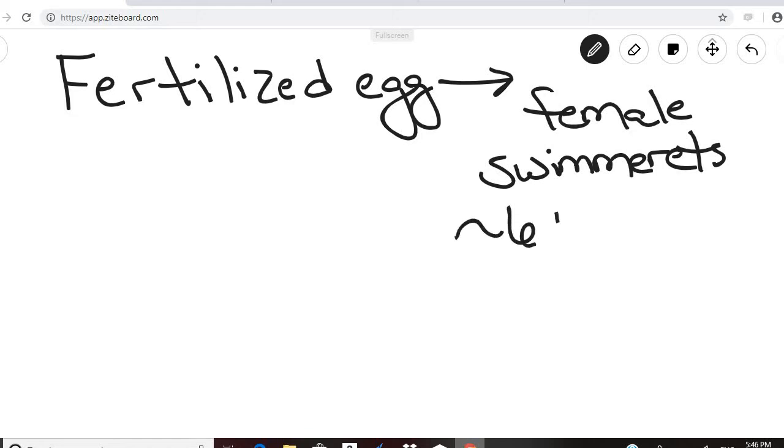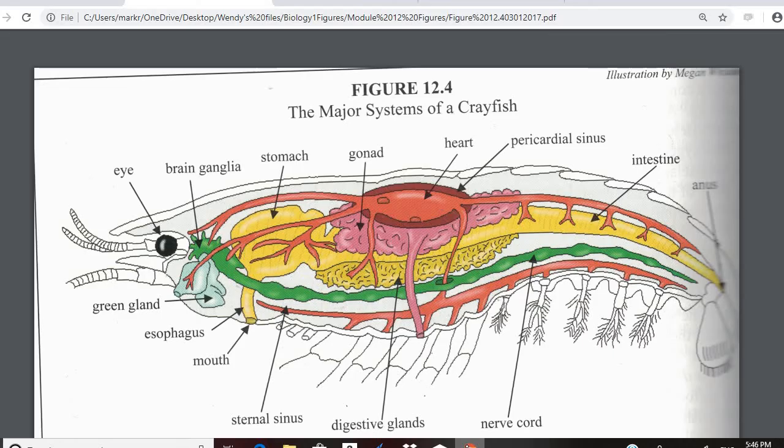Even after hatching, they will continue to stay on the mother as they grow, and they grow very quickly during that first year of life. During that first year, they will molt up to 6 or 7 times. So they grow very, very rapidly during that first year of life.